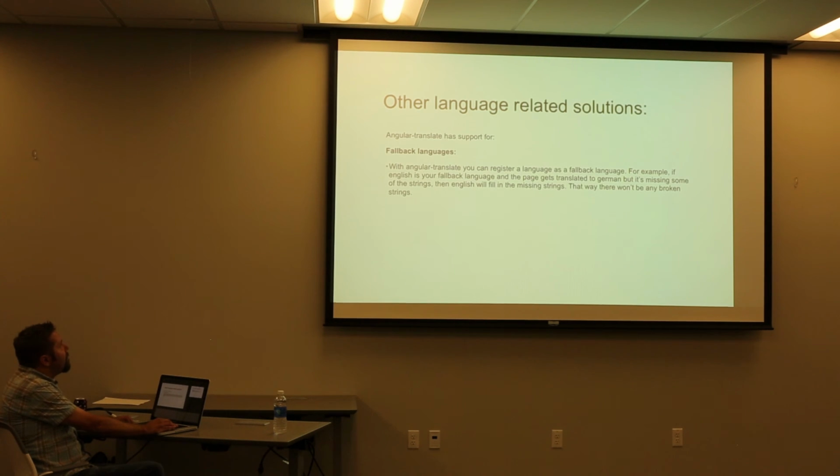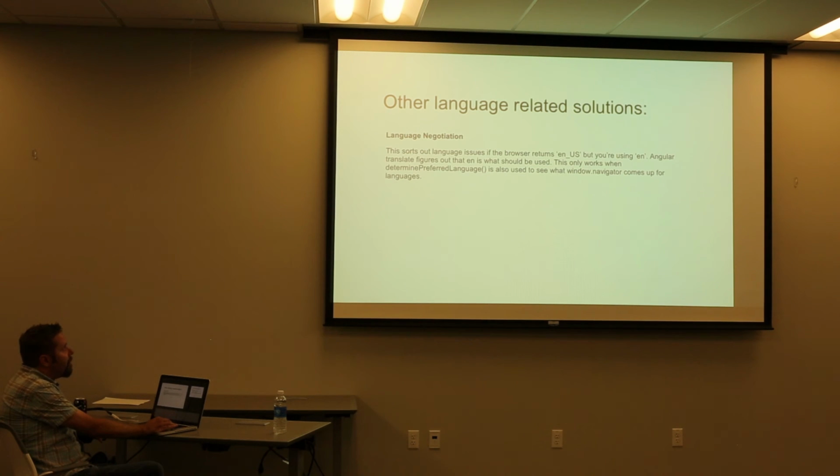Other language-related solutions: Angular Translate supports fallback languages, which is good. So if you're missing strings, let's say you have all the English strings but are missing German strings, this will make sure there are no broken strings anywhere. There'll always be something there.